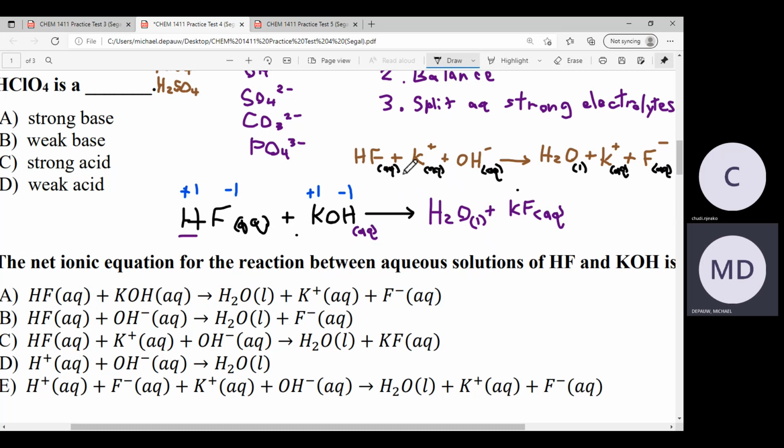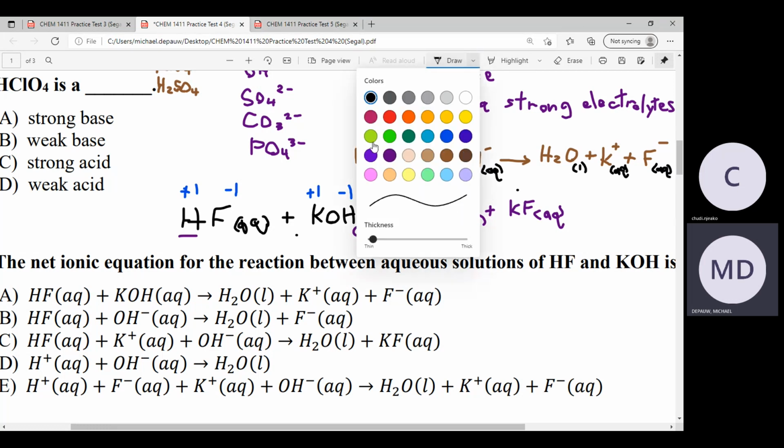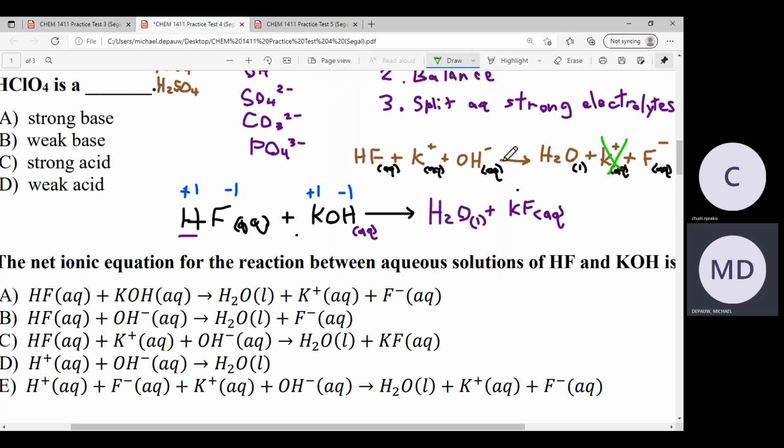Okay, so looking at this equation that I've written now, is there anything that's present on both sides of the equation in exactly the same way? The K plus. Because it's present on both sides, I can actually cancel that out. I'm going to go ahead and cancel my K plus, and I'm left with HF plus OH minus is equal to water and F minus.